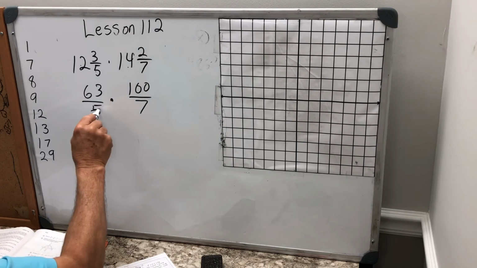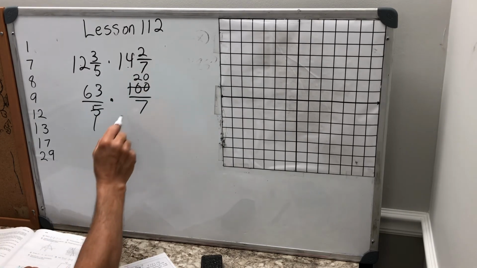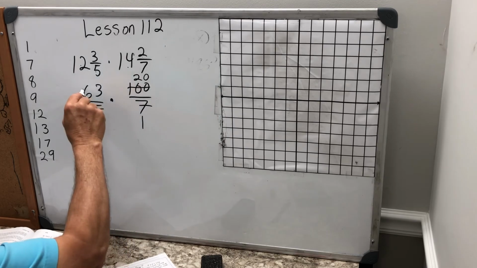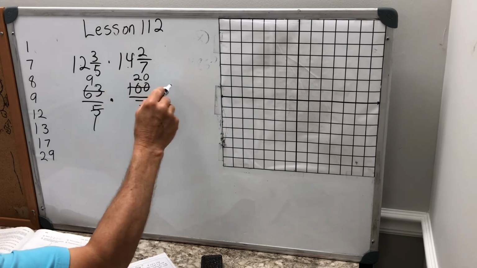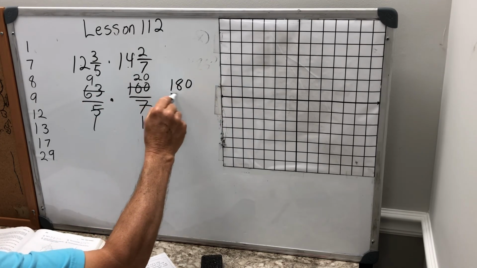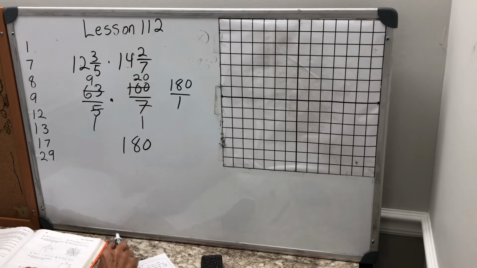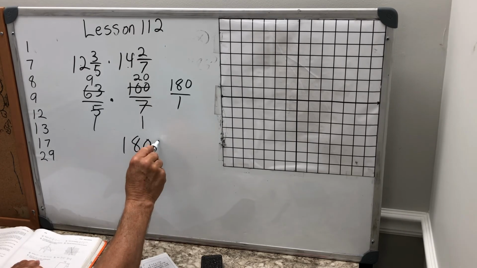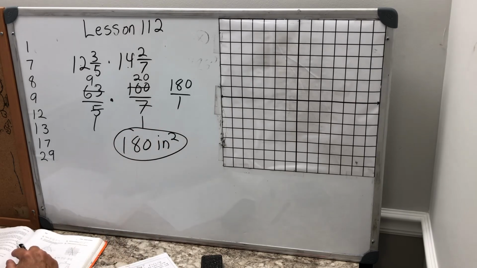Cross cancel. 1 and 20, is that correct? And a 1 and 9. 9 times 20 is 180 over 1, or 180, and what kind of label do we have? We have inches, it's area, so we square it, and that is number 29.